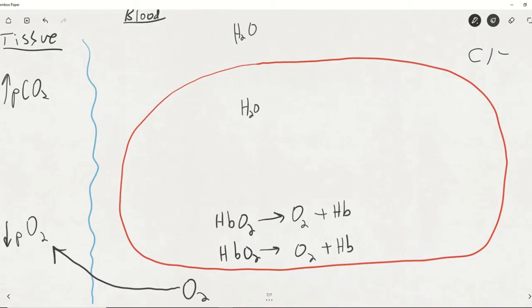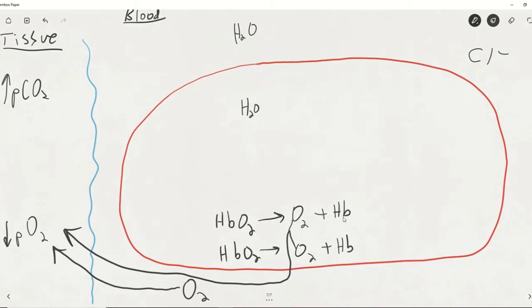Now the oxygen that breaks off from the hemoglobin is also going to diffuse into the tissue. So let me walk through that step again. Here the oxygen is attached to the hemoglobin, but that oxygen needs to get out into the tissues. So first it has to break off from the hemoglobin. That's what we see here. Oxygen and hemoglobin separate.